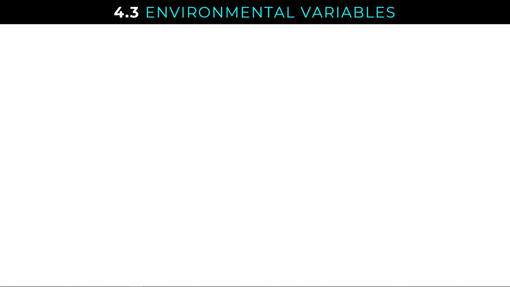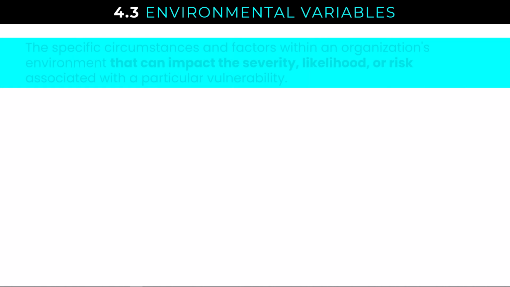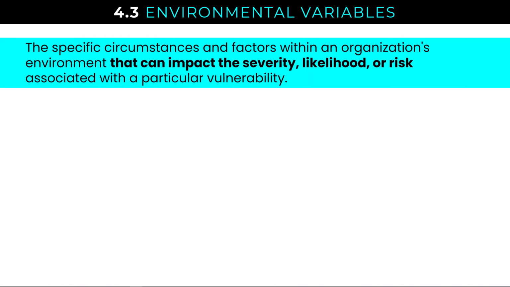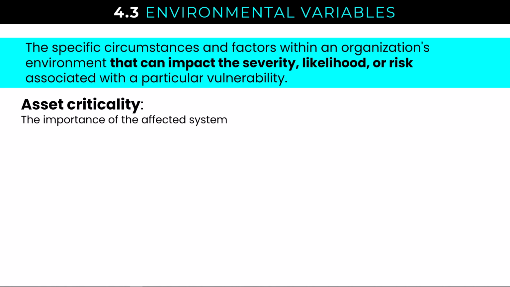Environmental variable shows up on the syllabus as well. These are the specific circumstances and factors within an organization's environment that can impact the severity, likelihood, or risk associated with a particular vulnerability. So let's go through a few environmental variables just to give you some context here for exam day. There's asset criticality, so the importance of the affected system.